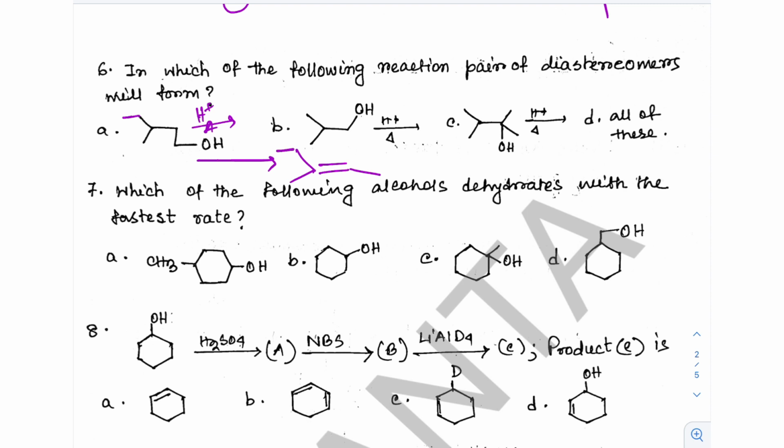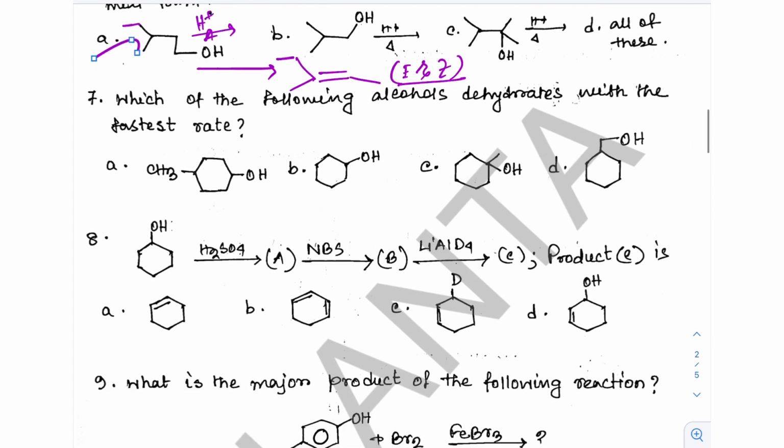So this product will be formed here, and here E and Z, two isomers will be obtained. The E and Z isomers of the same compound are diastereomers to each other. Similarly, cis and trans isomers of the same compound are diastereomers to each other. As here we'll get two isomers E and Z of this compound, diastereomers will be formed. Option A is the correct answer.